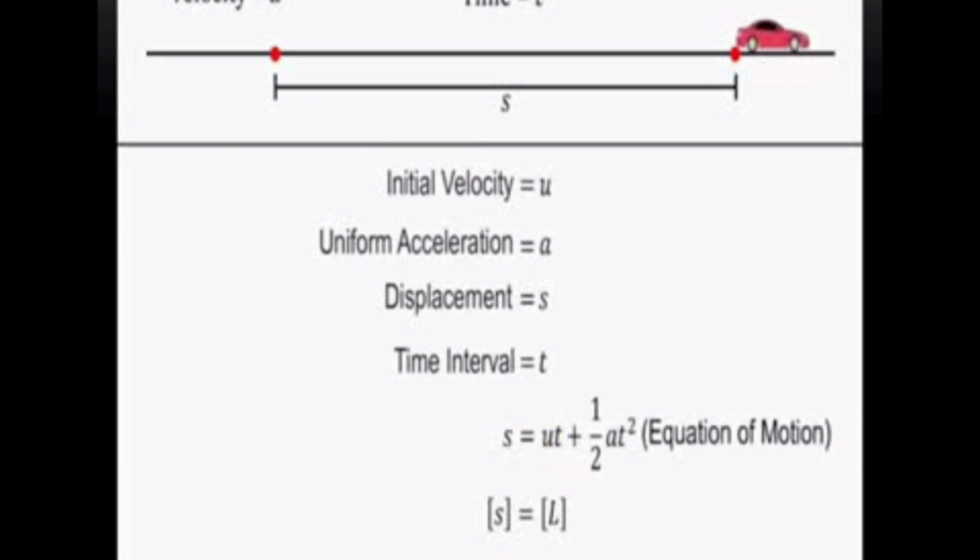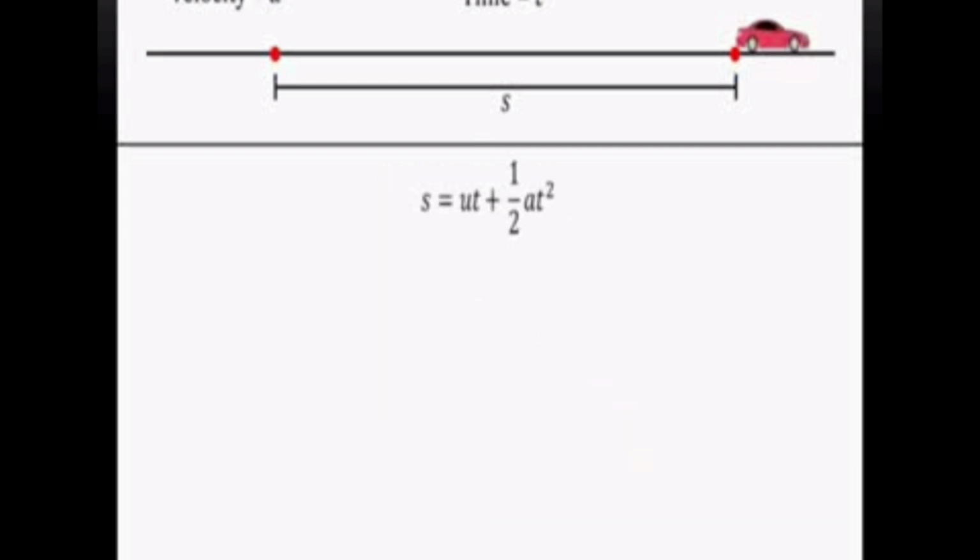The first term is ut, where u is the initial velocity and t is the time period. The second term is at square, where a is the acceleration and t is the time period. The 1 by 2 is a constant, so it does not have any dimension.